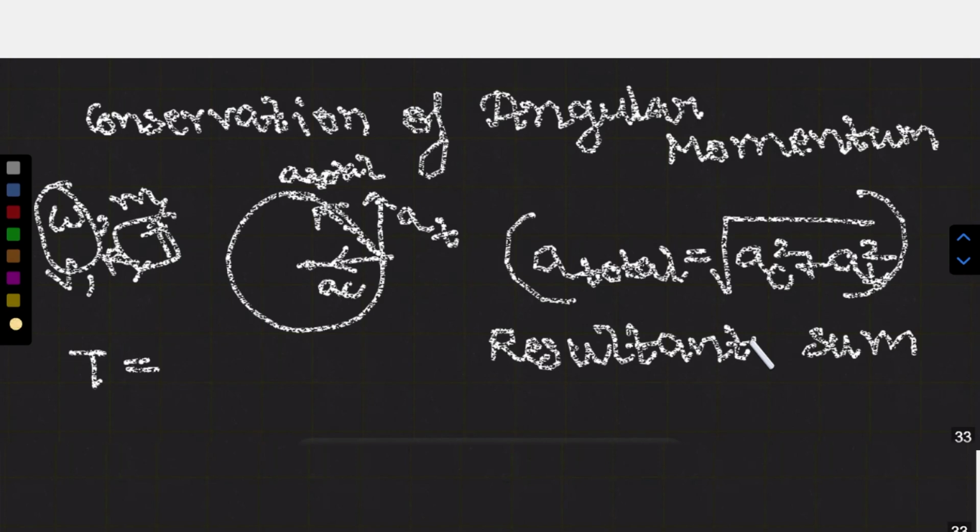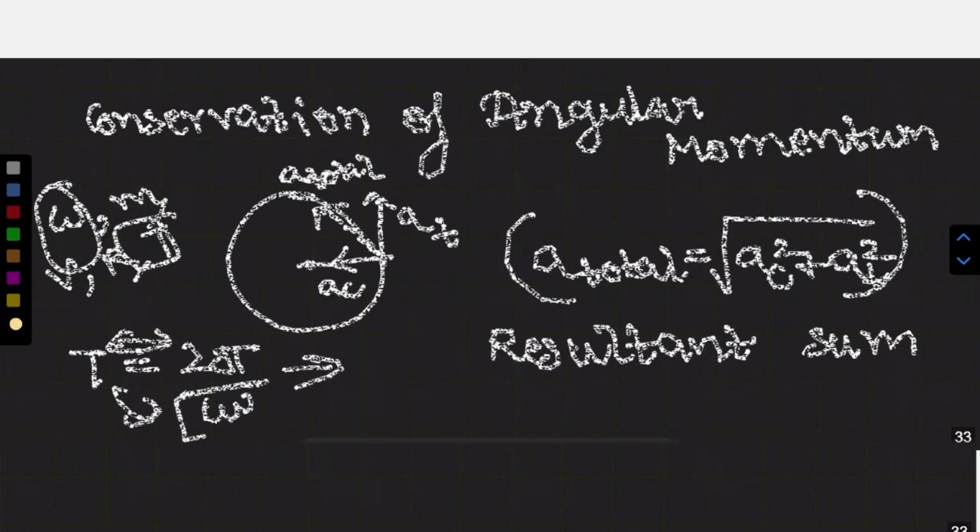The time period is T equals 2 pi by omega, and similarly vice versa. They might give us many other quantities too, which are irrelevant. So rather than wasting your time, check whether the time periods are different or the same, and then calculate the angular speed accordingly.